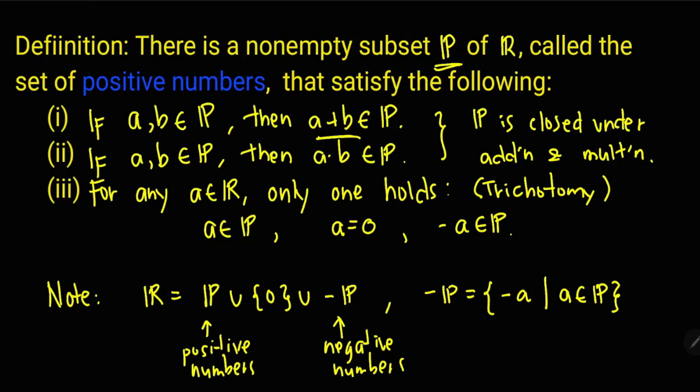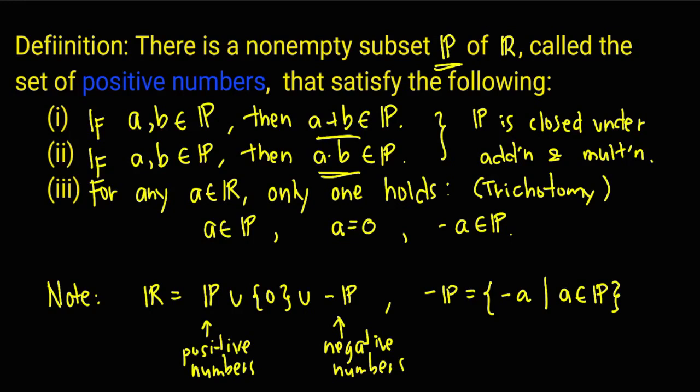If we have two positive numbers A and B, then the product is also positive. So this means that our set P is closed under the operation addition and the operation multiplication. Meaning, if we add two positive numbers, the result is positive. And if we multiply two positive numbers, the result is also positive.